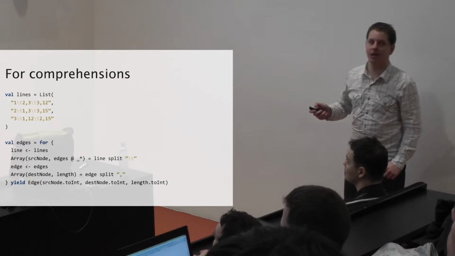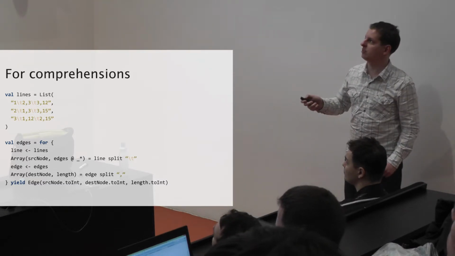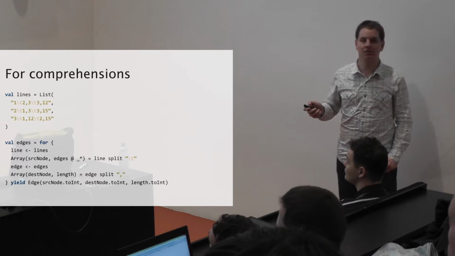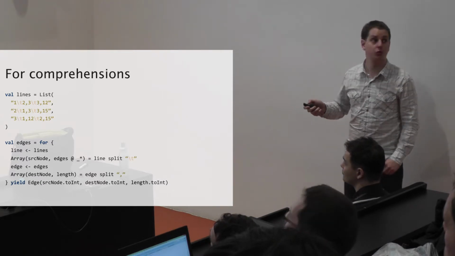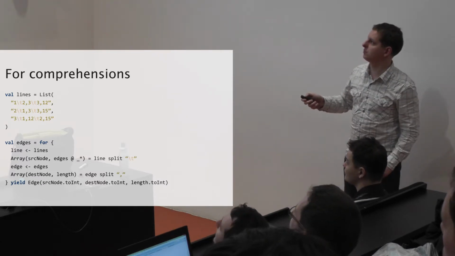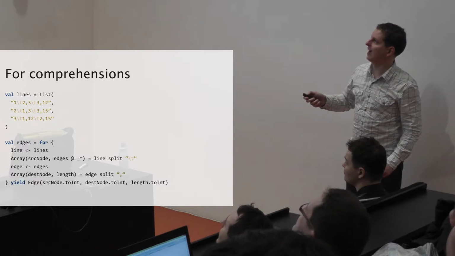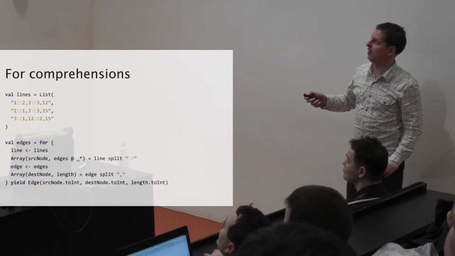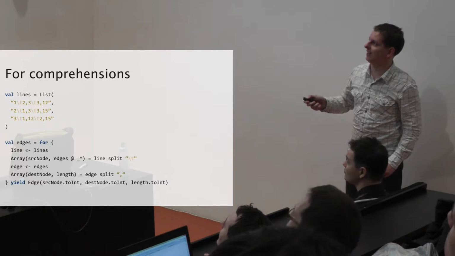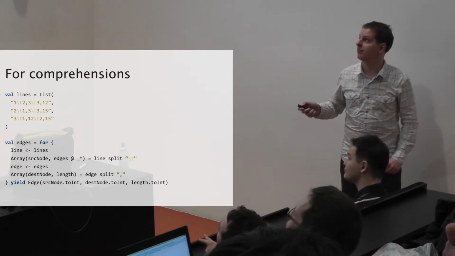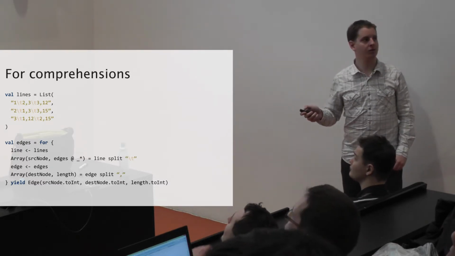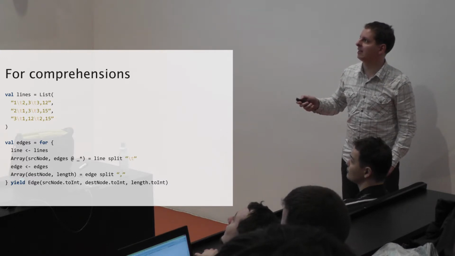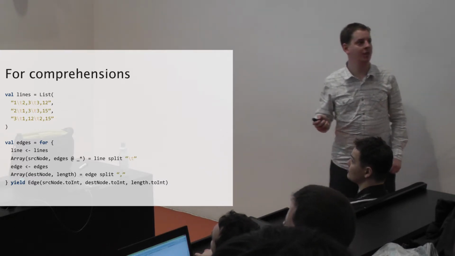So source node has to be string, and edges is some sequence of strings. Therefore, edge is string again, which has a method split. And I know from the format that it has a constant length of 2 elements. The first one is the destination node of type string, and the length is the second element of type string.